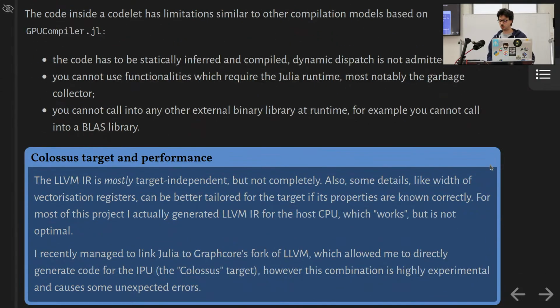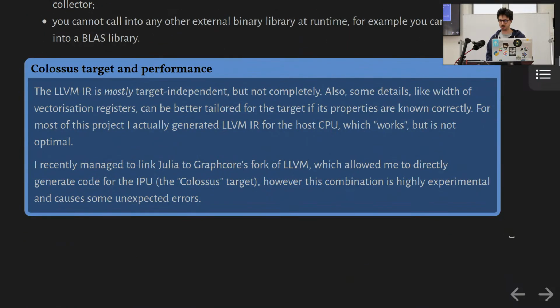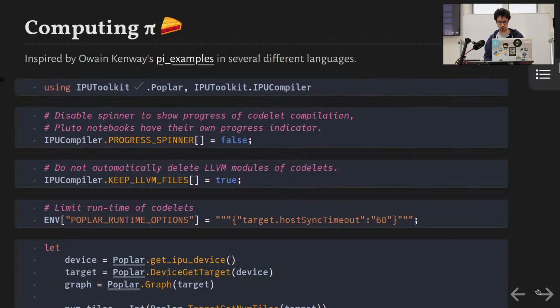And I also did some quick experimentation with using the GraphCore LLVM fork, which exposes the backend, so I could generate directly the code optimized for the IPU backend. This kind of works. There are some problems, but it was an interesting experimentation also to use a new experimental backend from Julia.